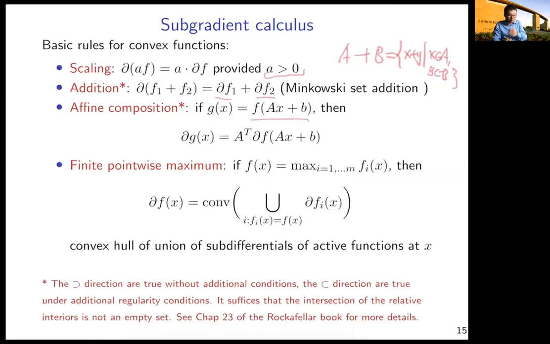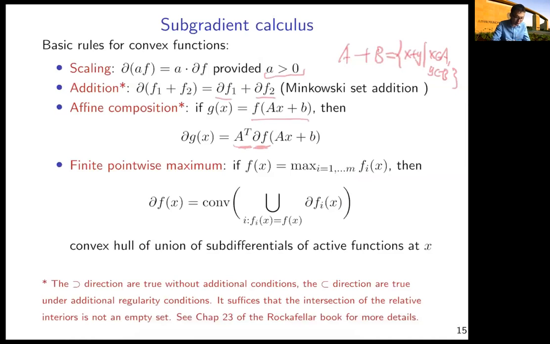Okay, so how about the subdifferential of this function g? This is a rule that we can use more or less as if we are doing the chain rule from standard calculus. Essentially, you are taking the subdifferential of f at Ax plus b, and then multiplying A transpose in front.